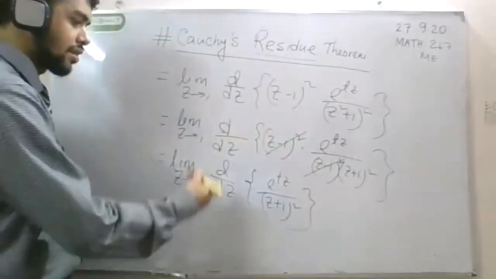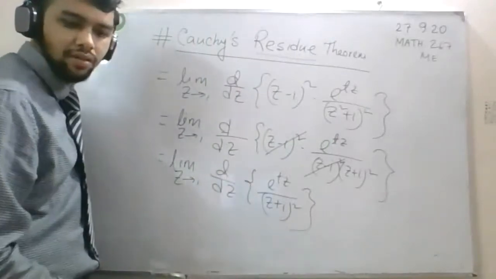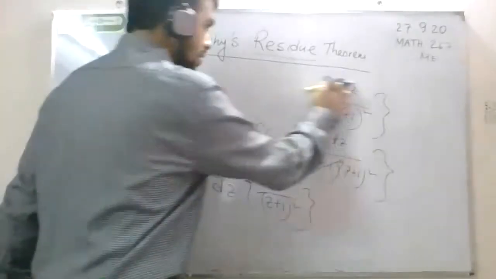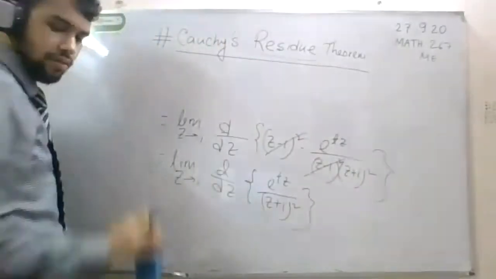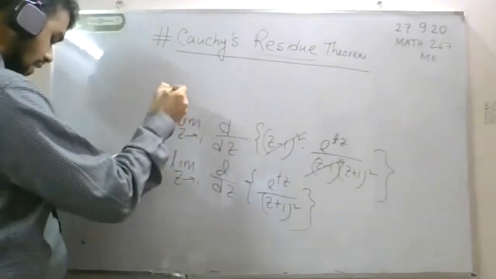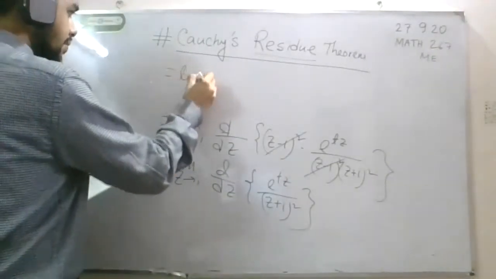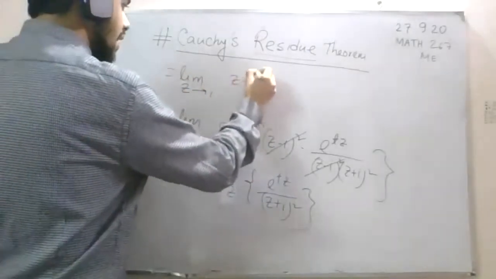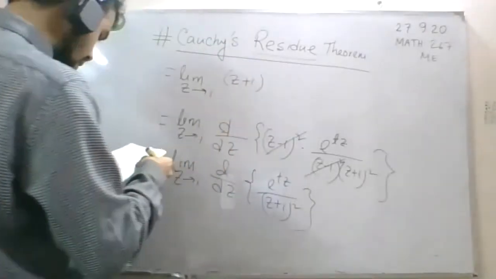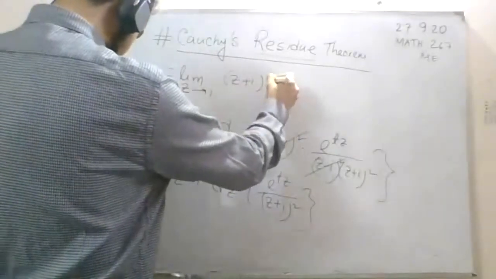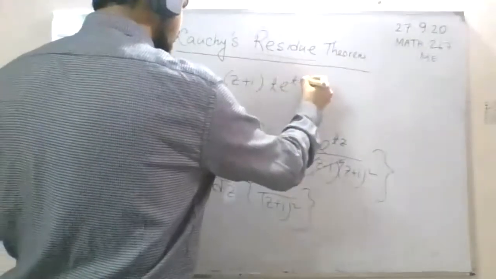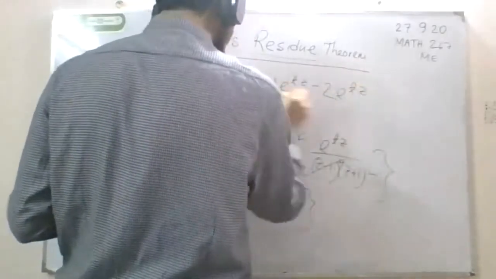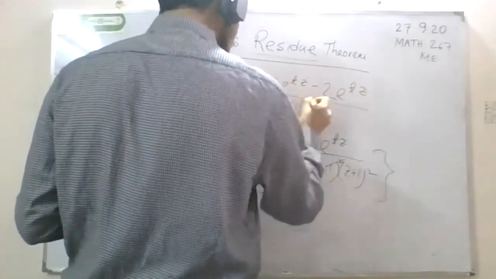And after that, just apply the derivative formula for u by v. Then I just simplify this equation, and you can find the result, which is limit z tends to i of (z plus i) t e to the power tz minus 2 e to the power tz, divided by (z plus i) to the power 4.